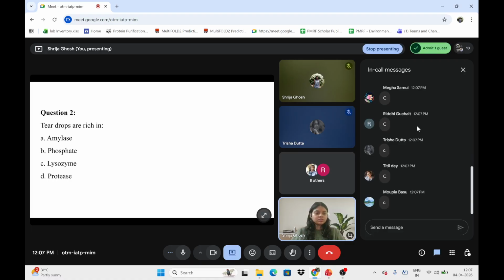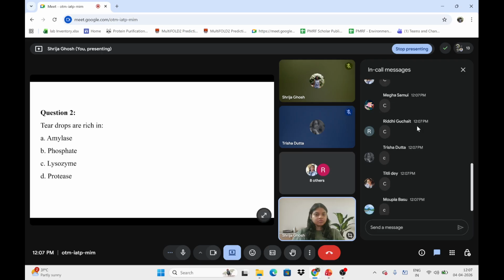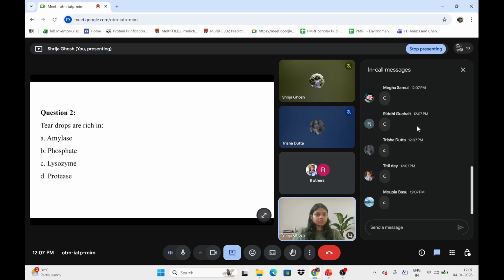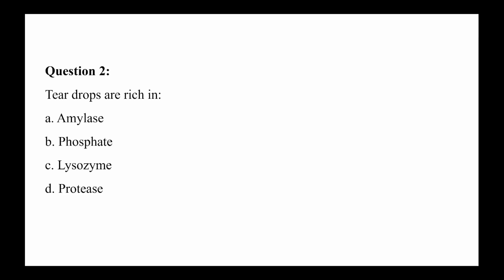Okay, I can see 6 of you have answered option C. Option C, that is lysozyme. Let's see if that is the correct answer or not. That is the correct answer.